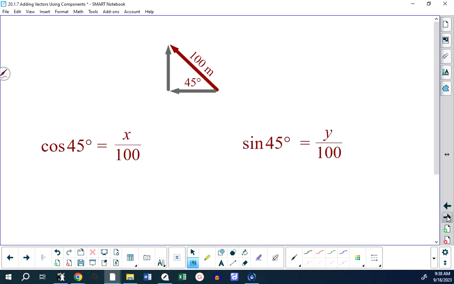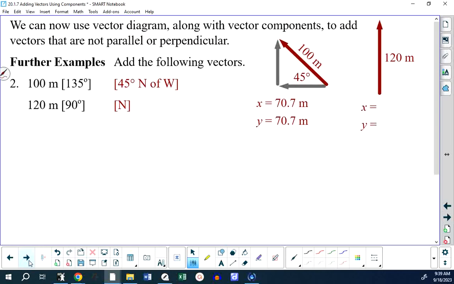I don't know how much work you would like to show. Again, you would learn in Math 20 how I'm able to find these numbers. I think they're both going to be 70.7. So you get 70.7 and 70.7.